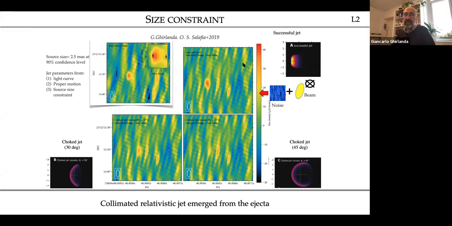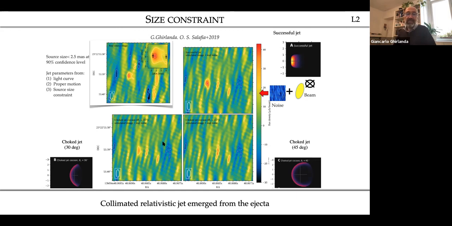We compare the mock images with the real one, like a Cluedo game of which is the real one. And of course, you see that the structured jet case is the one that produces a simulated image more consistent with the real one.